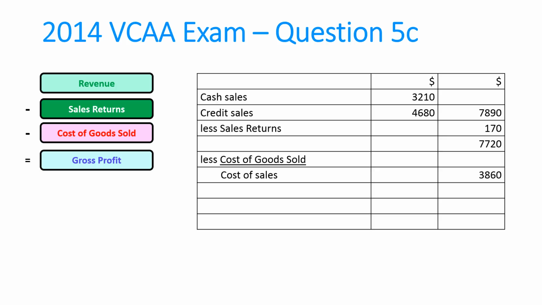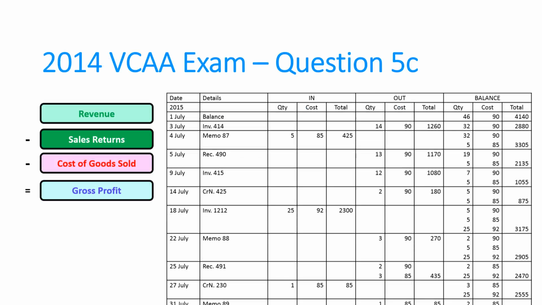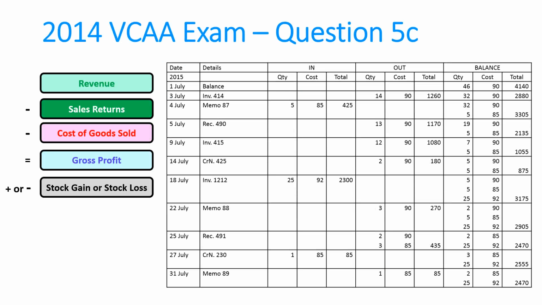The next section will be, we'll total that up and get a gross profit. An easy one, we'll just take our net sales here and subtract away our cost of goods sold there, and that'll give us 3,860, which makes sense given that the markup was 100%. And finally, we'll have any stock gains or losses. Now we know that stock gains or losses will only happen on the last day of the period, so the only row we need to look for is this one.